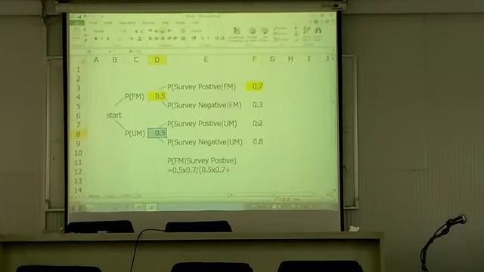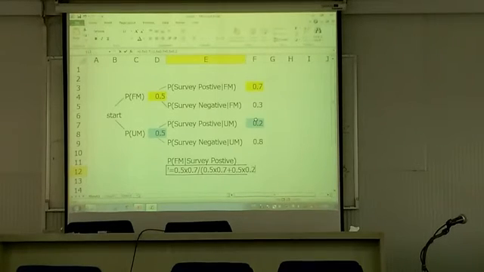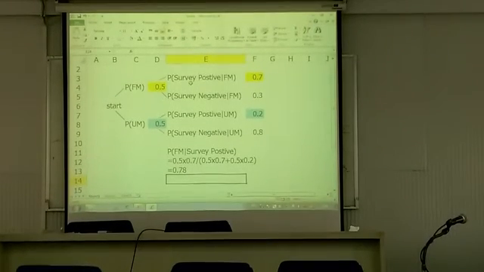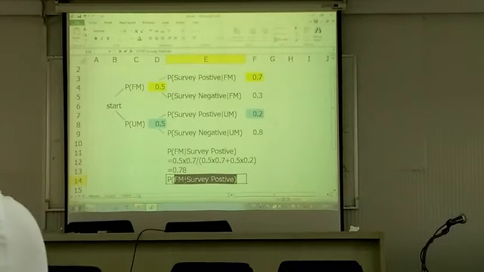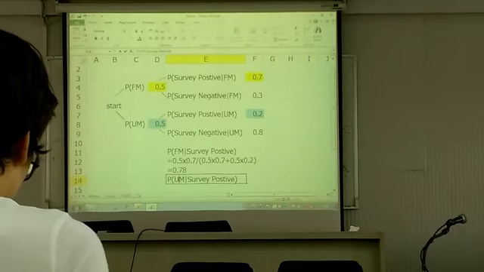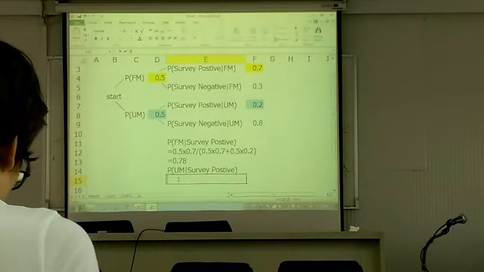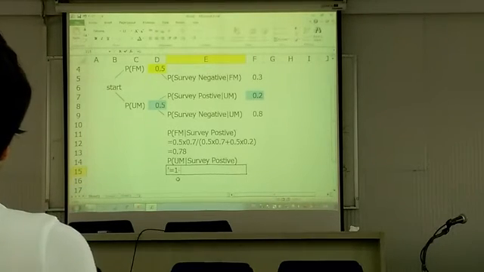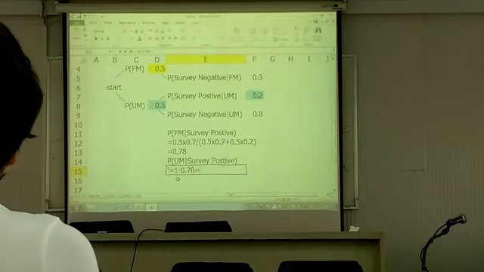And positive is 0.2. Okay, and that should give you equal to 0.78. Is it? Yep. Okay. So given the same thing, the other should be equal to 1 subtract 0.78 equal to 0.2.